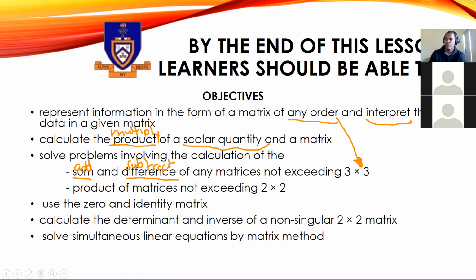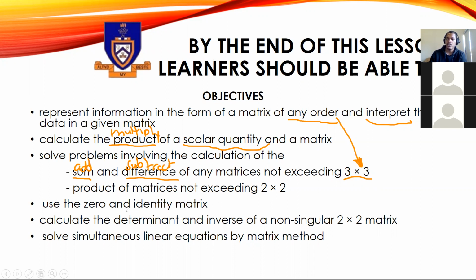So you will have to spend a bit of time on looking at what is the order and understand that. And then we're looking at product of a matrix not exceeding 2 by 2. So this product, as you can see, is again multiplying. So we are multiplying matrices, not the scalar and a matrix, two matrices that are multiplying each other.